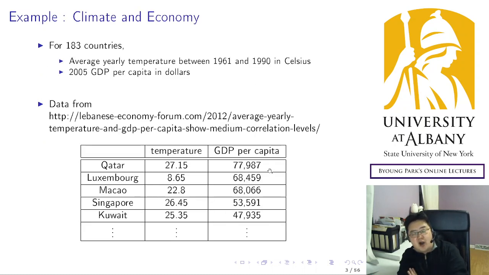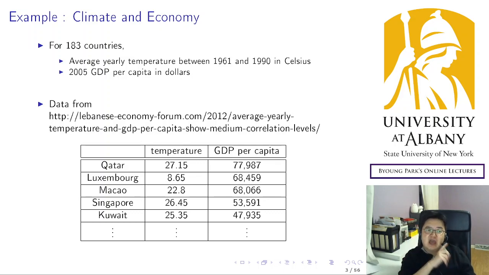So let's think about an example. Let me start with an example about climate and economy. This is real data. Suppose that there is a data set of 183 countries, and it contains two variables.